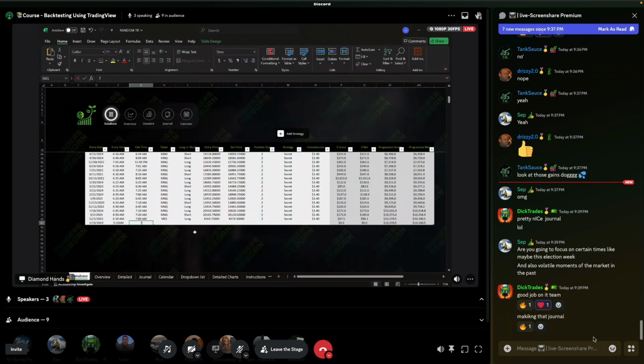And then the exit was at 7 a.m. And I was trading MNQ, and I was long on this trade.